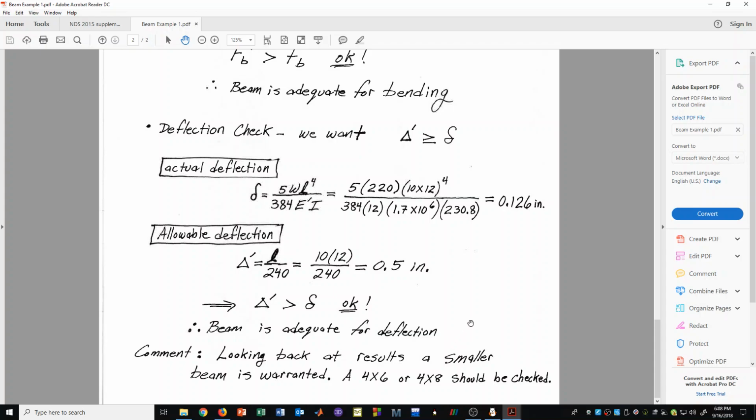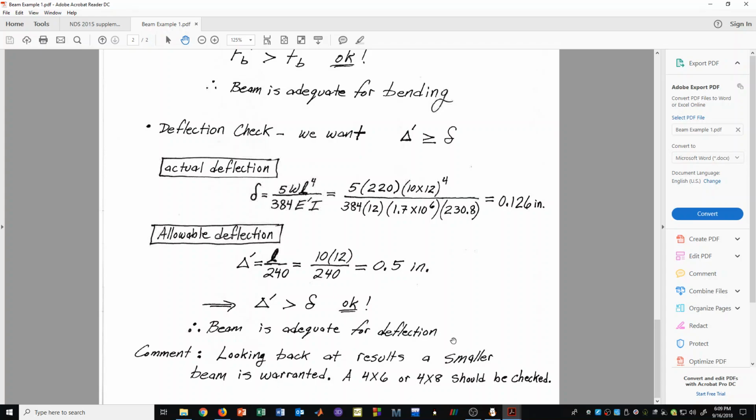Now, if you recall each of these things that we've checked, which is shear, bending, and deflection, you will see that in all cases, our allowable value was quite a bit bigger than the actual values of stress or deflection that were being caused. And hence, looking back at the results, a smaller beam is warranted.